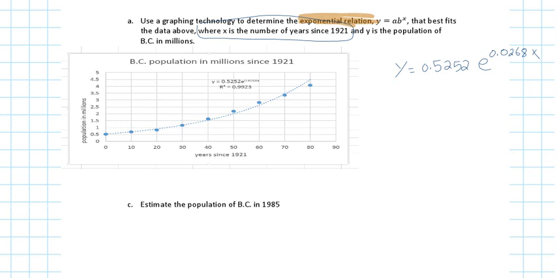Now, it does not give you the actual base. It gives you e to the power of something. So here's where you need your calculator, and you need to look for the e button. Find that e button on your calculator.